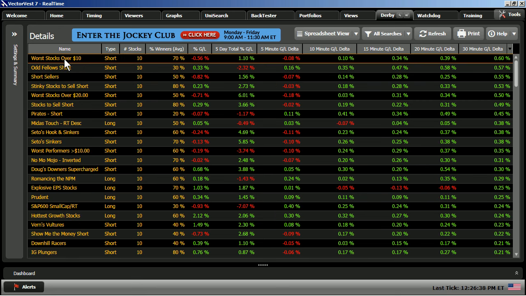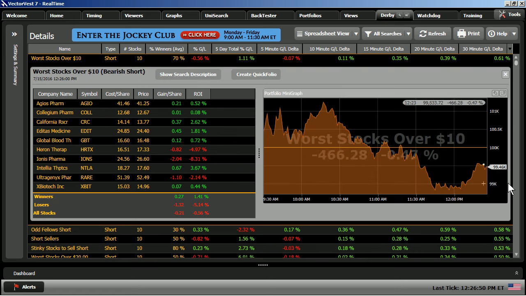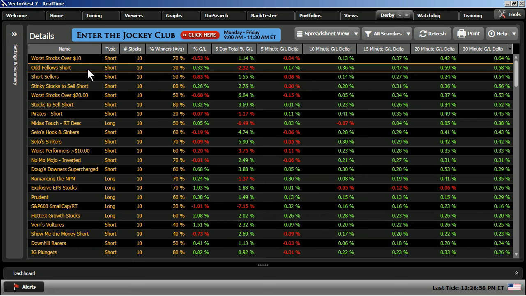So worst stocks over 10 is the search that has gone up the most over the last 30 minutes. Now, it's down 0.5% from the open of today. But if I click on it, over the last 30 minutes, it's really starting to pick up some momentum. Oddfellows short, it's got just about a 0.6% gain over the last 30 minutes, and it's actually up about 1/3% today.